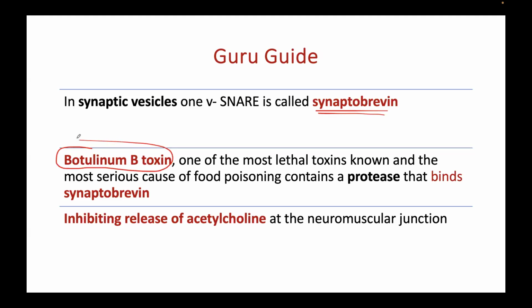And once botulinum toxin binds with synaptobrevin, this will inhibit the release of acetylcholine. So there will be muscle flaccidity. There will be paralysis. This is what you need to memorize. You need to memorize synaptobrevin.